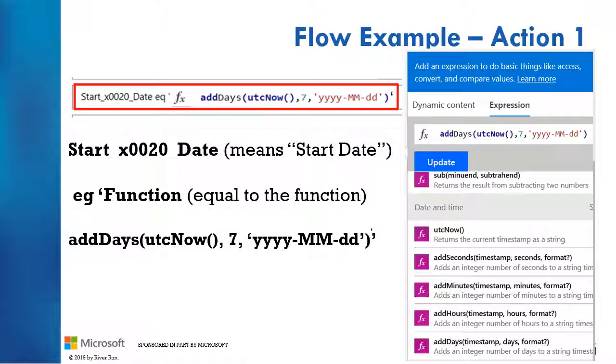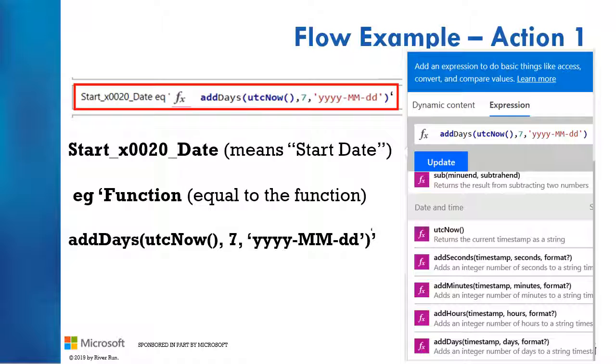Well, that gobbledygook that starts at the beginning, start date equals the function of add days, UTC now, all that, it breaks down quite easily. All I'm asking for is look at my list and find the start date that's equal to 7 days from now, and find out any record that has a start date equal to now plus 7 days.